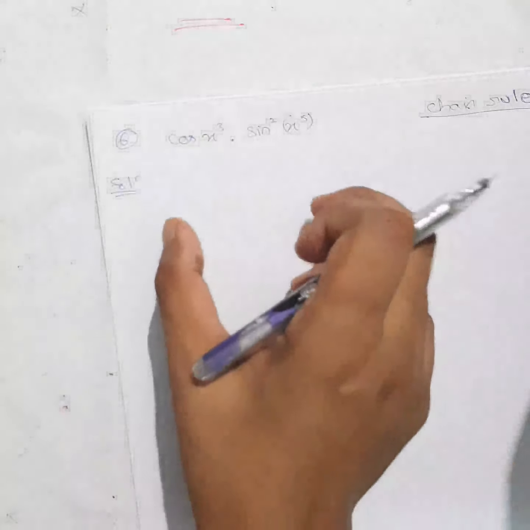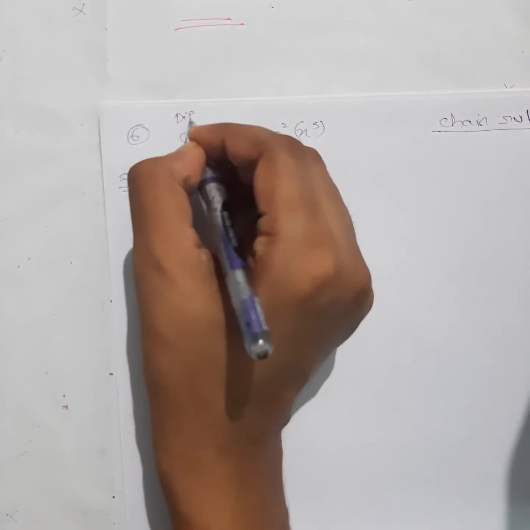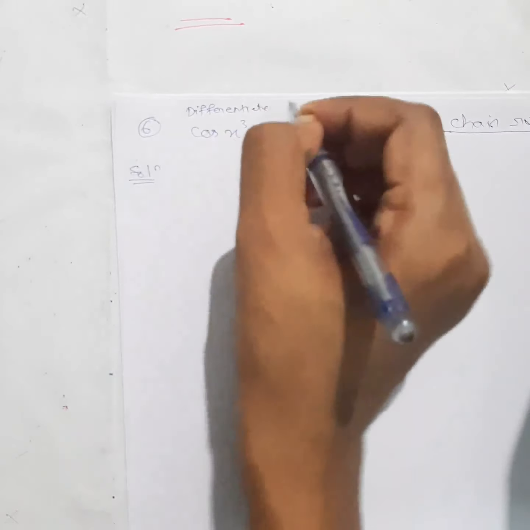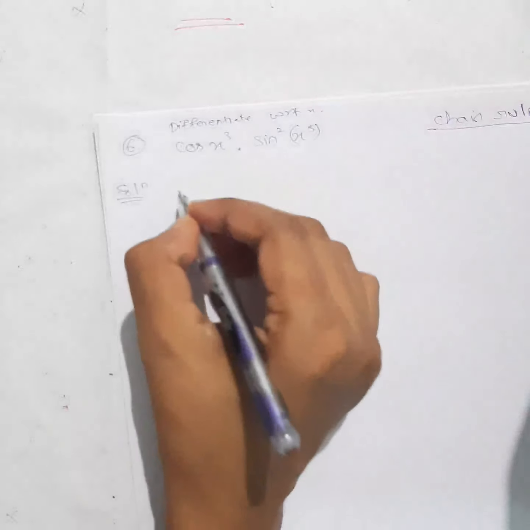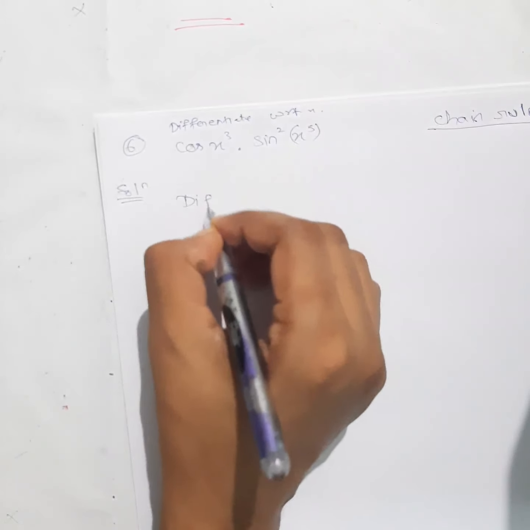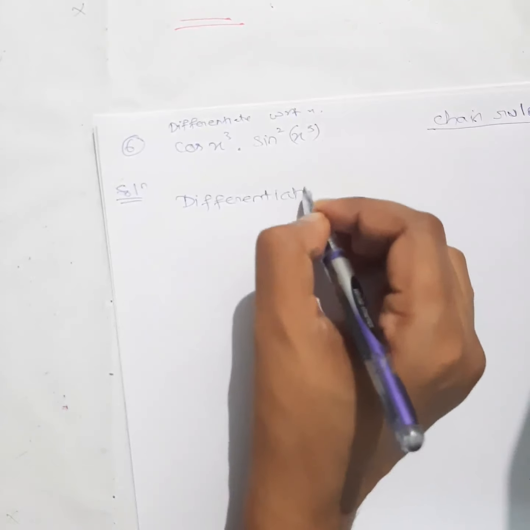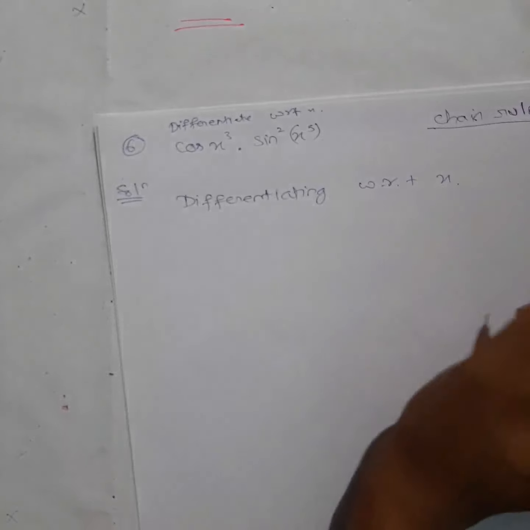Okay, so question number 6, what does it say? You have to derive this. The question was differentiate, not derive, differentiate with respect to x. Okay, let me write here. Solution only you have to write. Differentiating with respect to x.